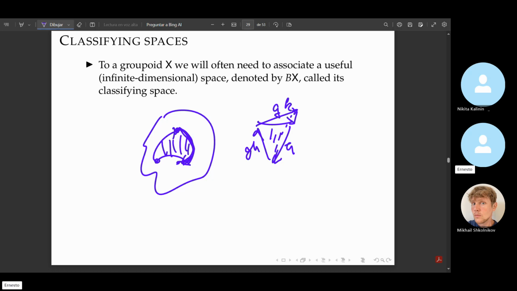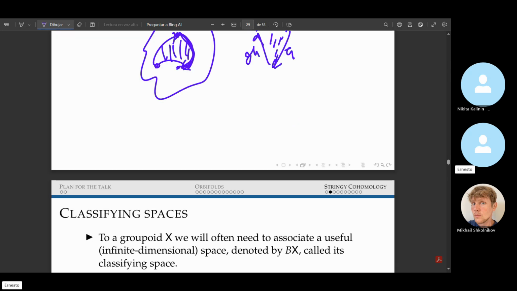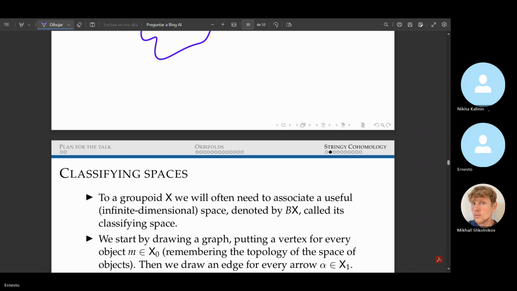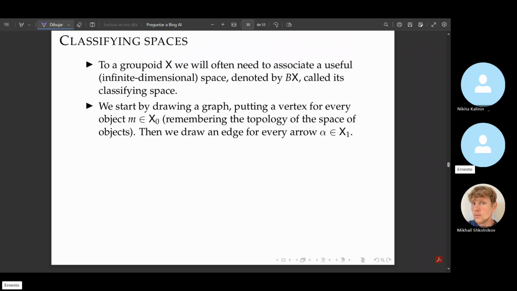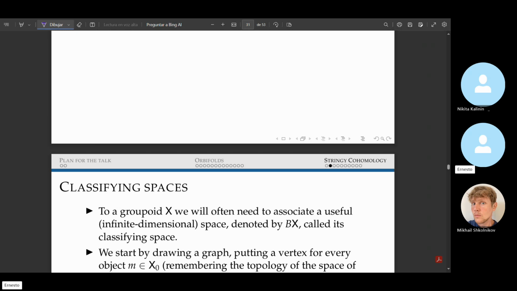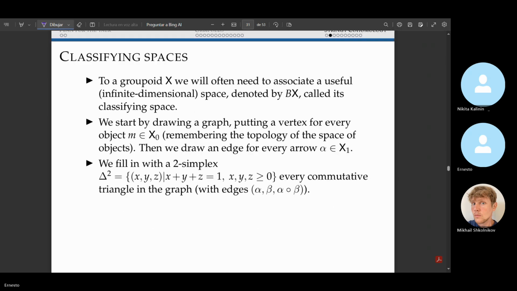We put cells, we form the classifying space, we draw an edge, and then we add a 2 simplex for every commutative triangle in the graph.